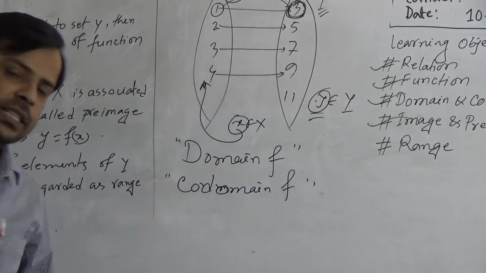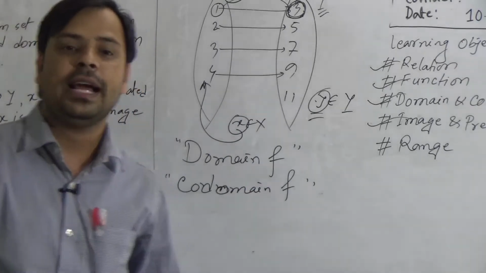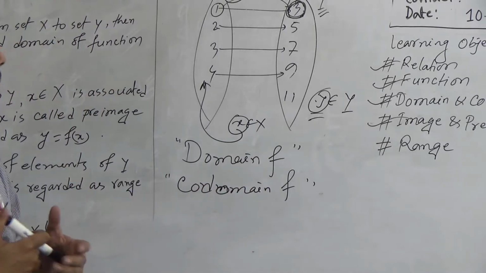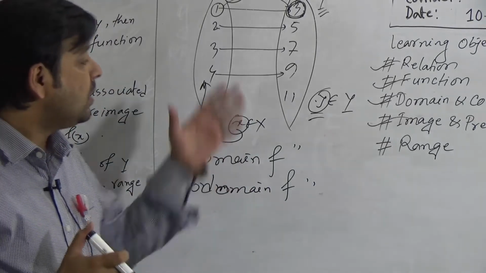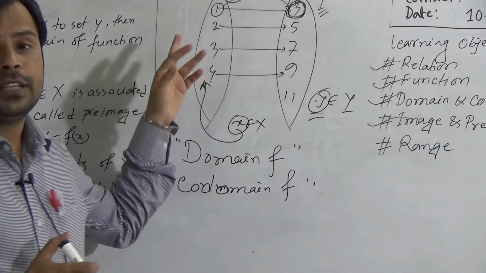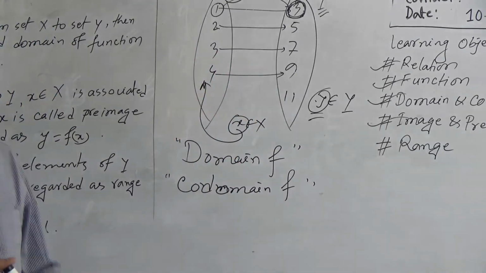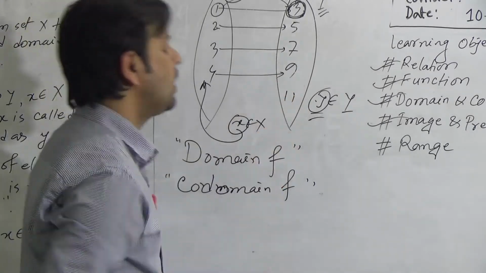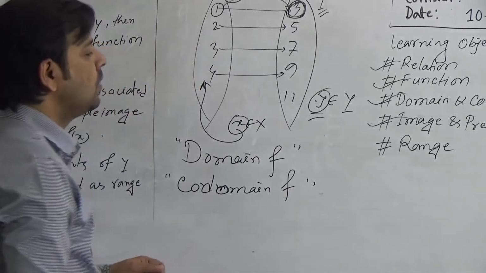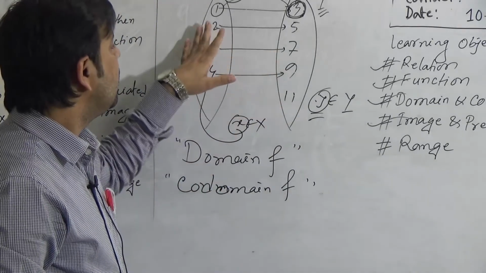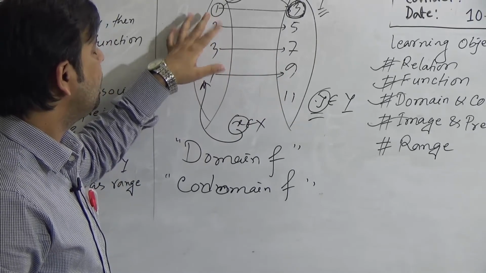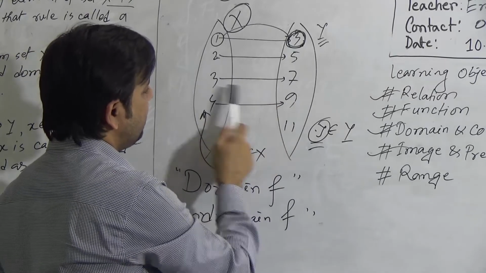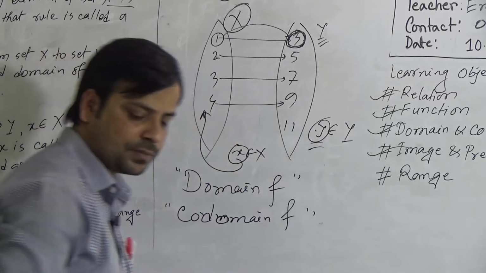So elements of the first set are known as pre-images, and the elements which are related, or which have a mapping or correspondence with the elements of the first set, are known as images. So 3, 5, 7, 9 are the images of the elements of set X. Means 3 is the image of 1, 5 is the image of 2, 7 is the image of 3, 9 is the image of 4.